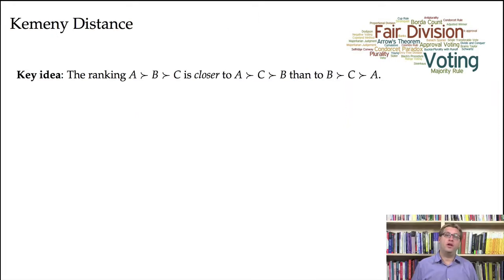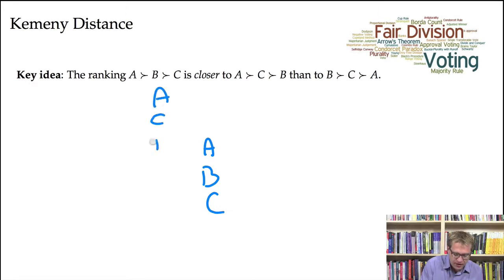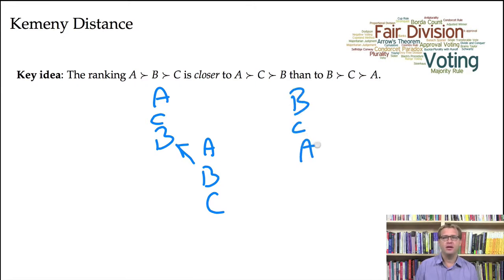Let's start with defining what's become known as the Kemeny distance. The key idea is that we want to understand in what sense the ranking A above B above C is actually closer to A above C above B than to B above C above A. So how can we understand this?